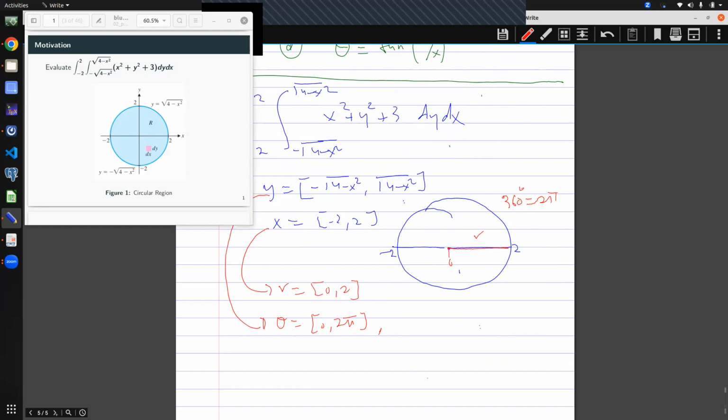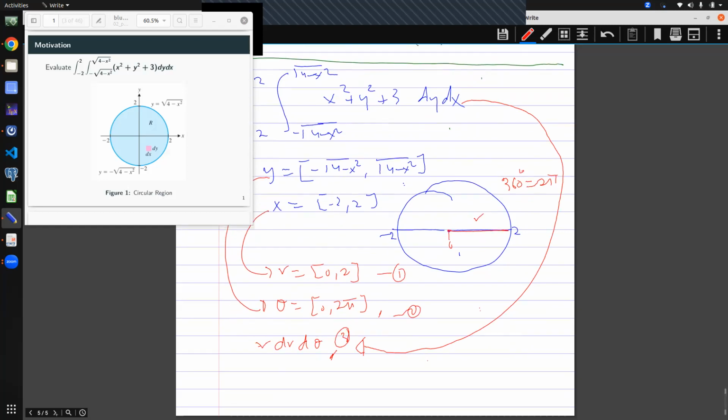And so by substitution, and our dy dx, where do I take that? Our dy dx becomes r dr d theta. So I'm substituting 1, 2, and then 3 into the equation.